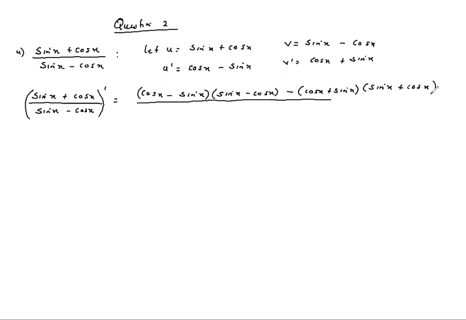Everything we divide by sine x minus cos x squared. So if you try to expand on top there, we get cos squared x.